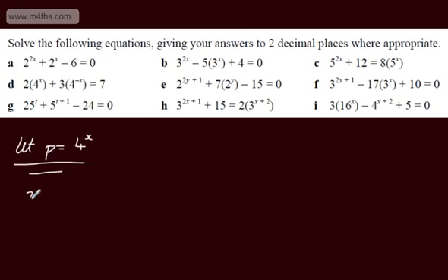So what we have then is 2p plus 3 over p is equal to 7. So we'll just write this out. Multiplying through by p, we get 2p squared. Then I'm going to get minus 7p plus 3 is equal to 0.